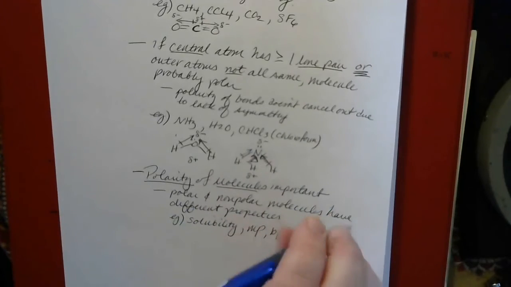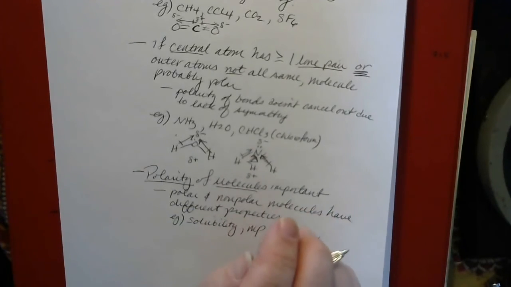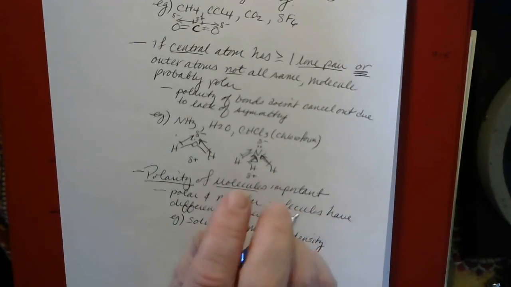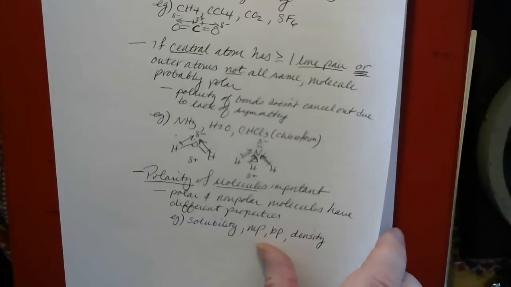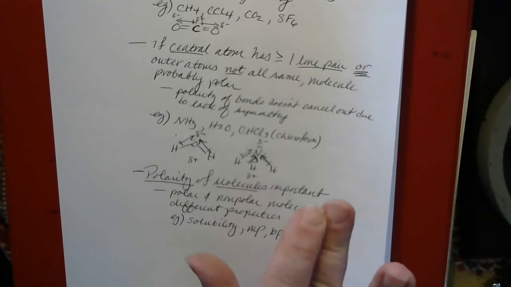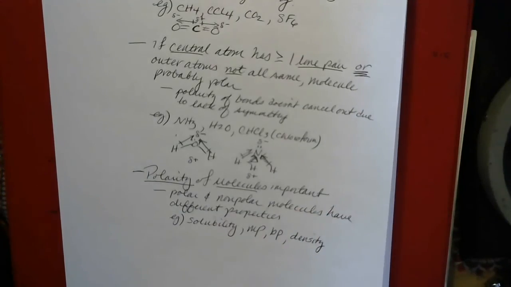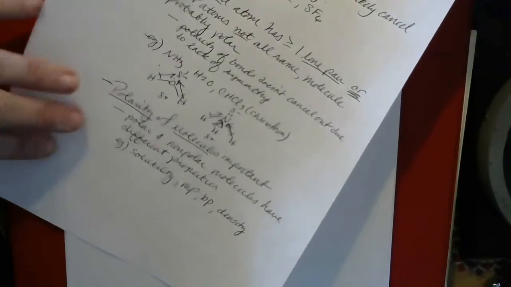You can look that over. It's not something I think you really need to know in great detail, but you should probably be at least familiar with it so that you can determine whether molecules are polar or nonpolar based on their Lewis structures and the VSEPR theory.